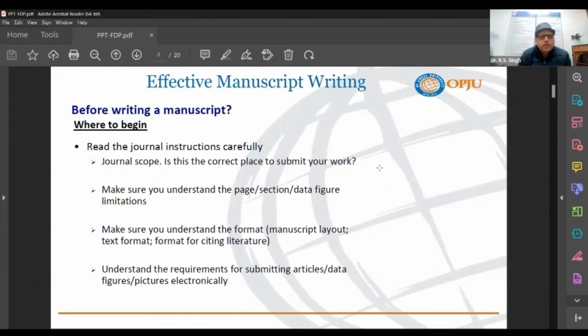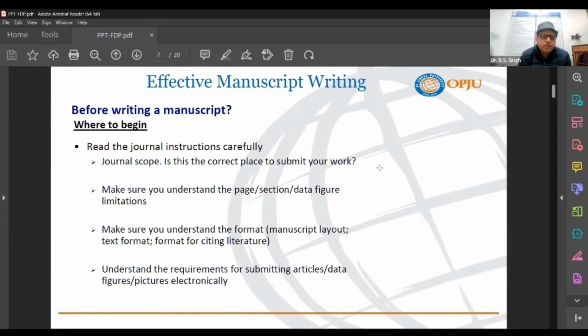A particular journal also gives you instructions called author guidelines that you need to go through. They will limit how many words should be in your manuscript, the number of pages, and sometimes the figure size. So you have to follow all those guidelines for that particular journal.